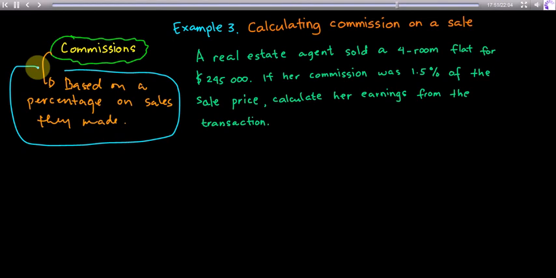Now let's try to calculate commission on a sale. A real estate agent sold a 4-room flat for $245,000. If her commission was 1.5% of the sale price, calculate her earnings from the transaction.